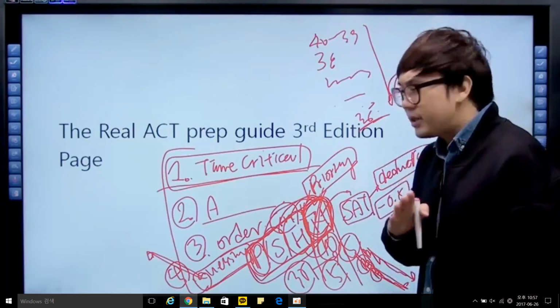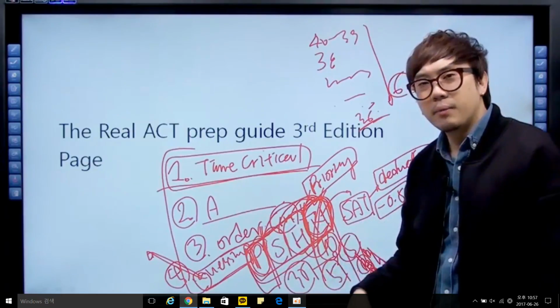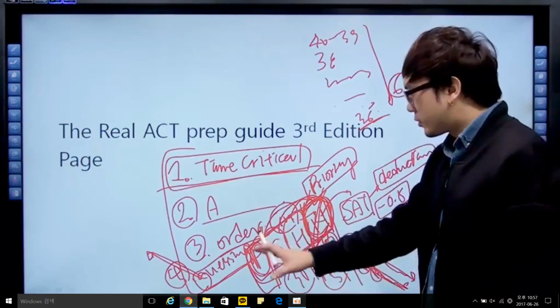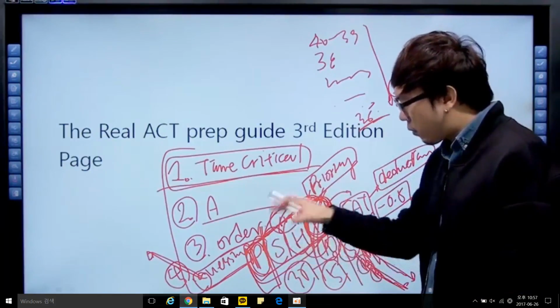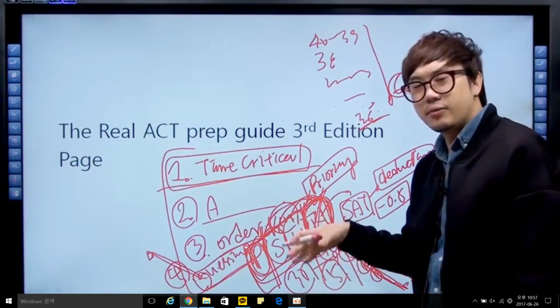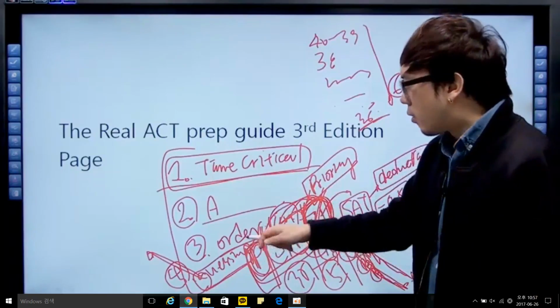Many students prefer not to look into the prose fiction right away because it seems quite difficult. So they start with natural sciences, or they start backwards, or they start with social sciences and humanities and natural sciences and come back to prose fiction. Either way is fine. Order is very important.